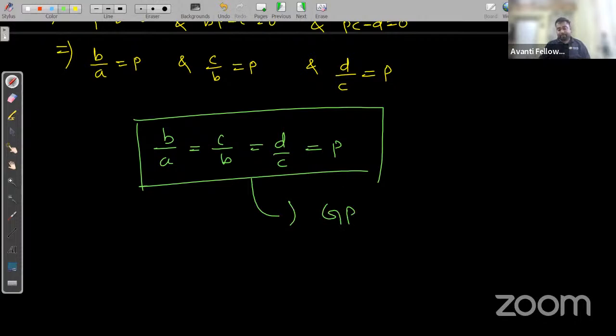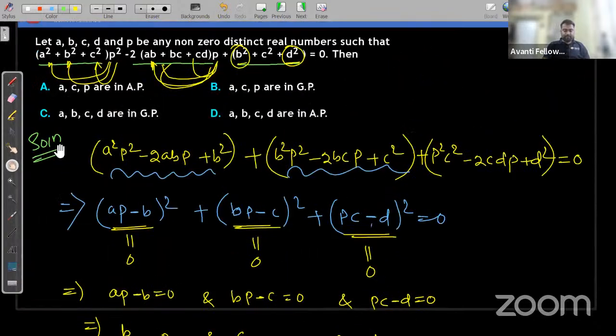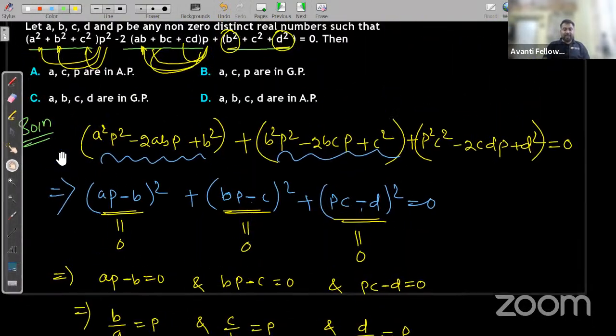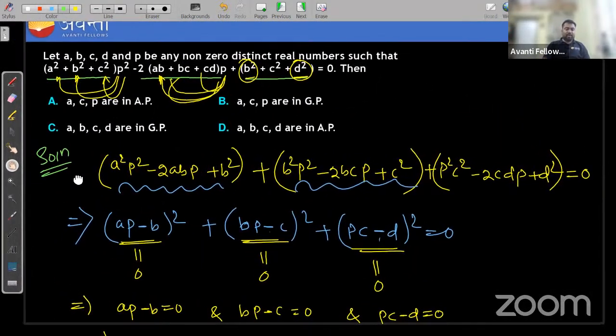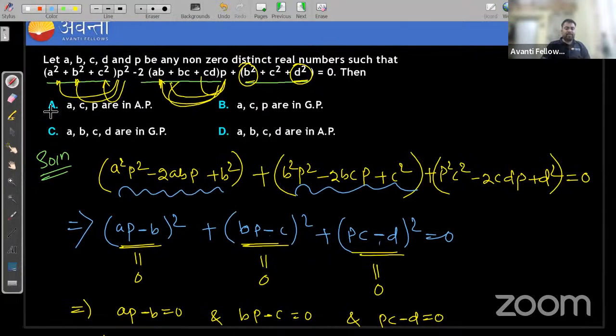A GP, yes or no? So A, B, C, D are in GP. So what is the correct answer? Option C is the correct one.